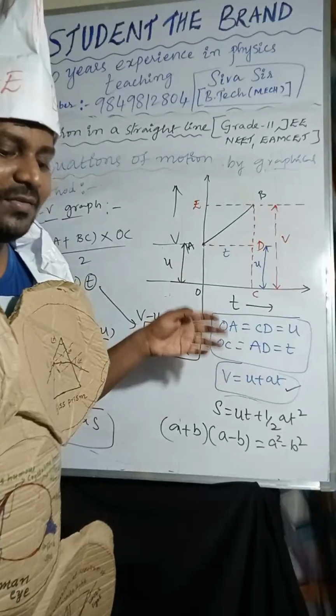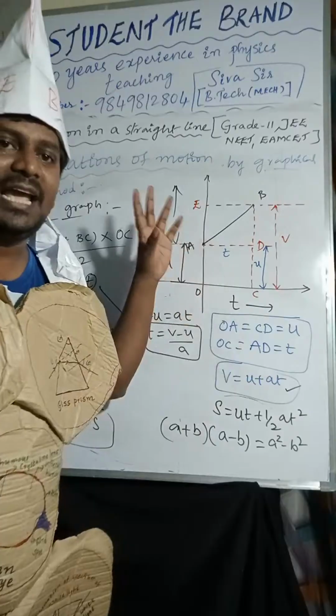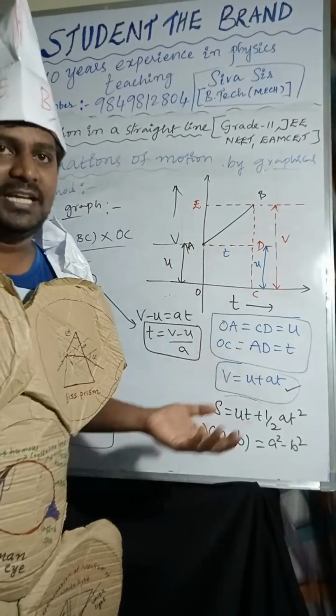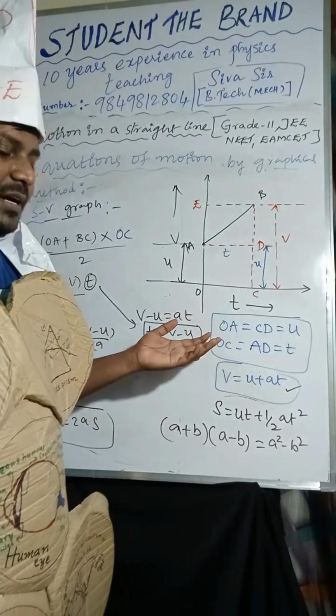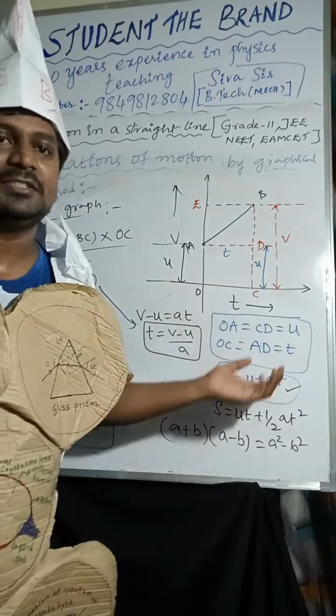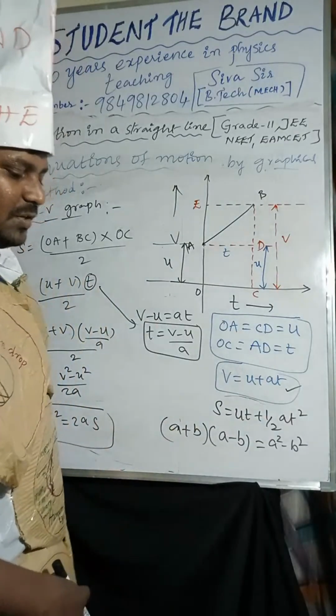Now we are going to one more: by using the same equation of motion, we can solve with the help of integration method. With the help of integration, I'll explain the equation of motion.